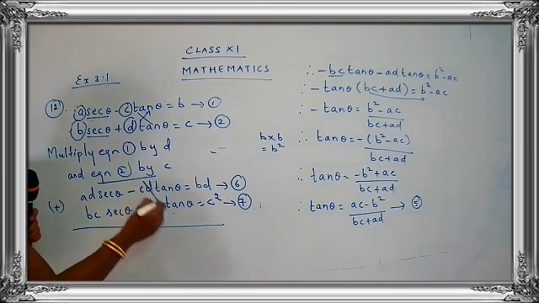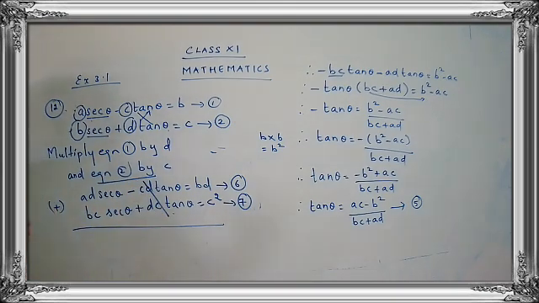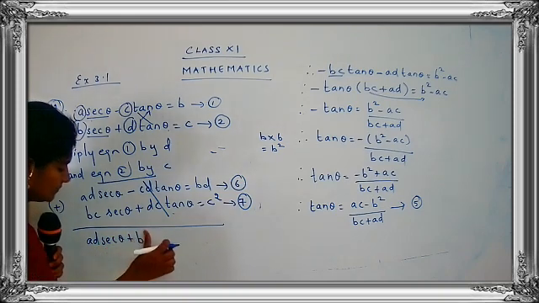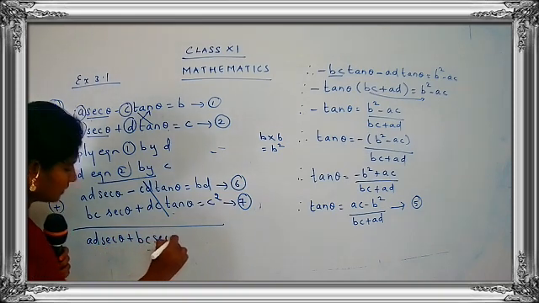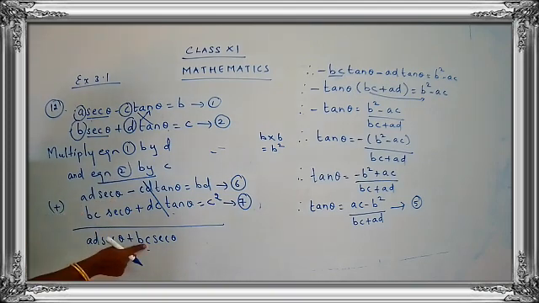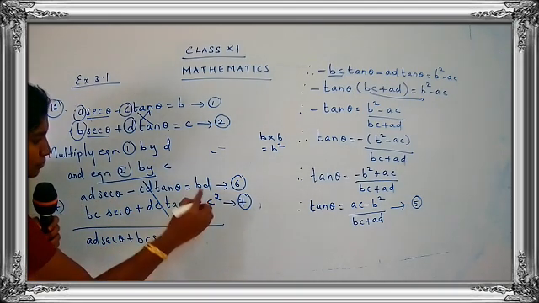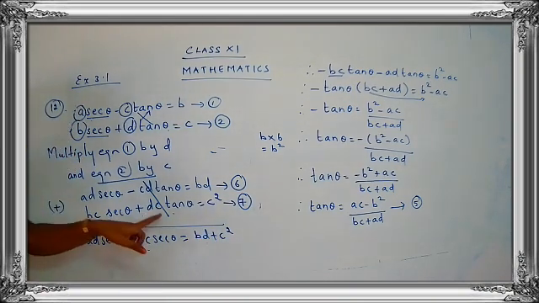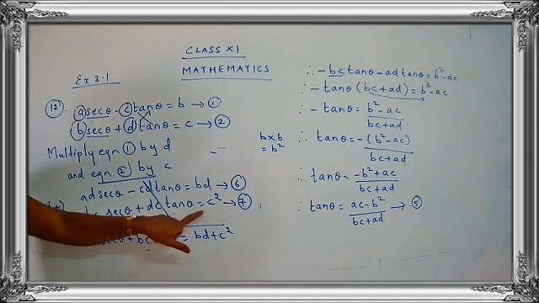So here I'll cancel. Since we are going to do the addition, no need to change the sign. So this will be AD sec theta plus BC sec theta. I've just taken these terms. AD sec theta plus BC sec theta is equal to BD plus C square. Since we are going for the addition, no need to worry about the sign.